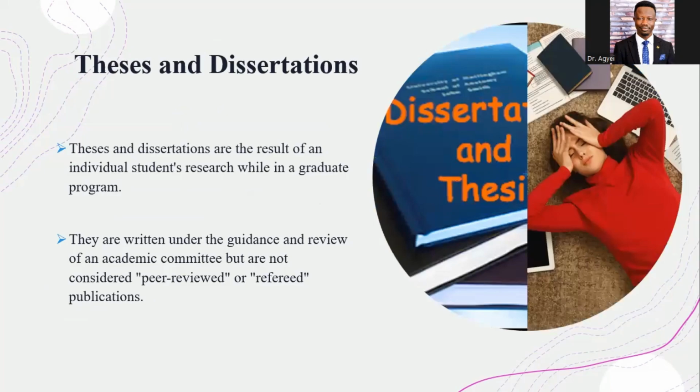Another thing we need to know about is theses and dissertations. If you are starting your PhD dissertation writing, the first place you need to go is your school's institutional library, to check theses and dissertation studies that have been done within your field. If you read some of these papers, you may come across lines saying that future researchers should look at this area, future researchers should do that.